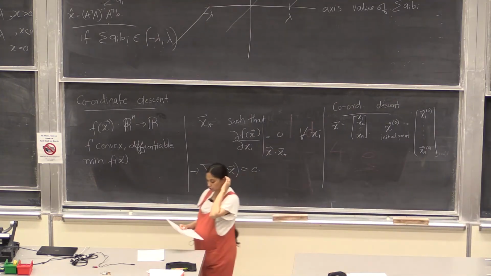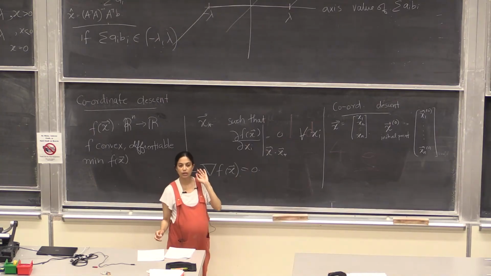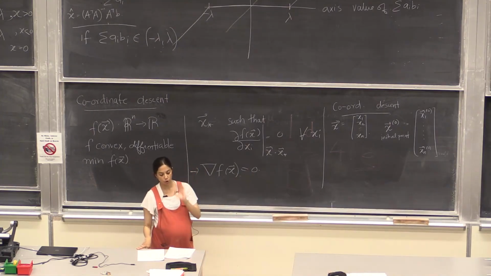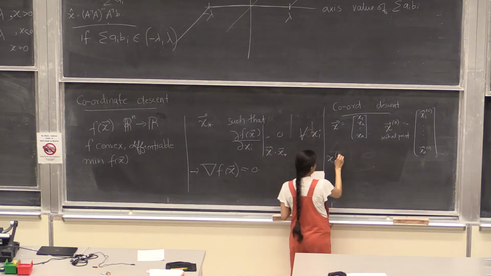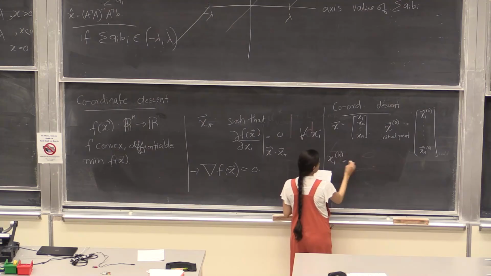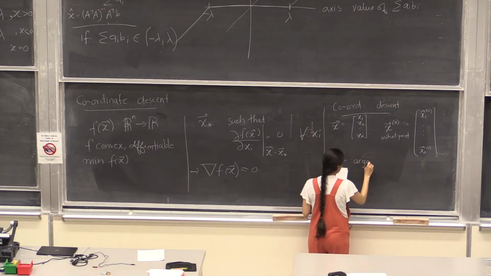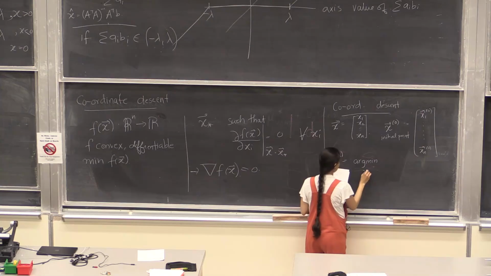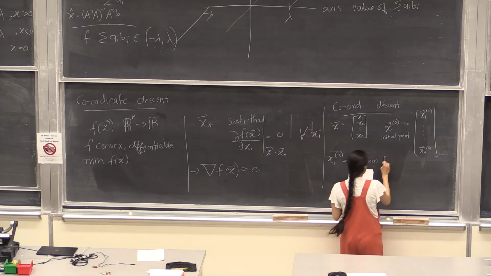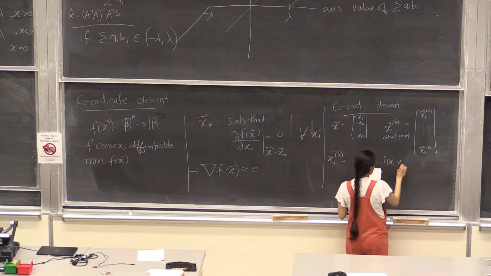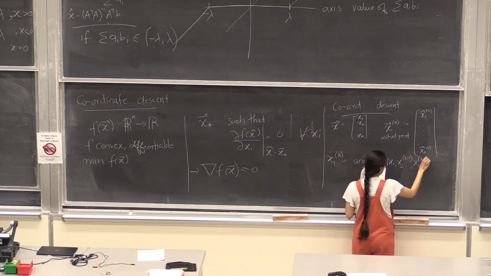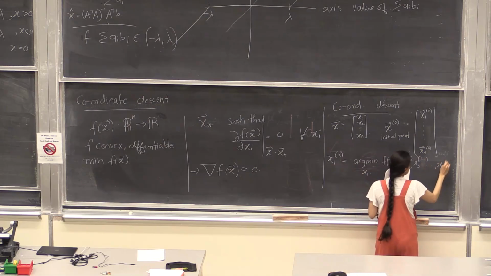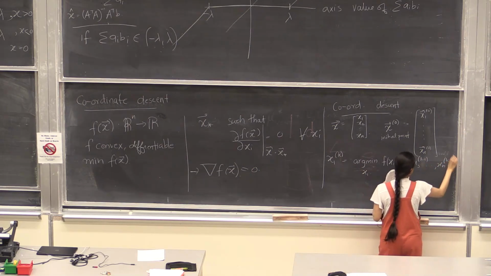And then what I'm going to do is a minimization coordinate by coordinate. So I'm going to write x1 at my kth iteration is the argmin over x1 of f of x1, x2 at k minus 1, x3 at k minus 1, all the way up to xn at k minus 1.